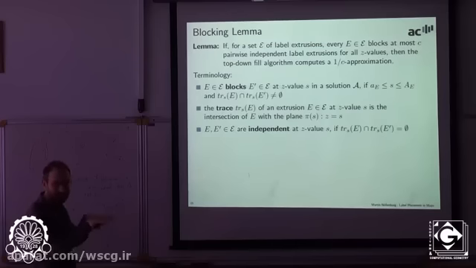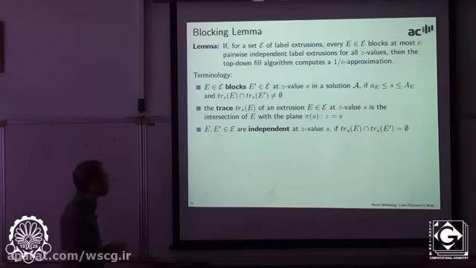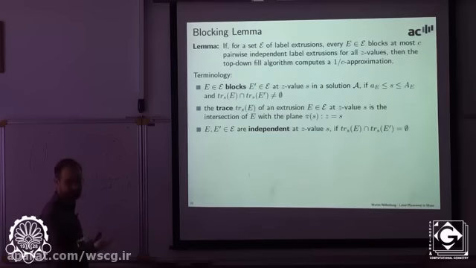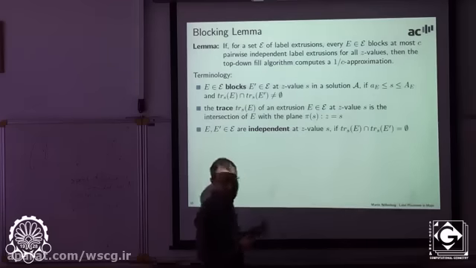Yeah, so basically at that particular scale that you selected, the two labels would intersect. This trace is simply just taking the pyramid and taking a slice at a particular scale. And we say that two labels or extrusions are independent at a certain z value if their traces have empty intersection.